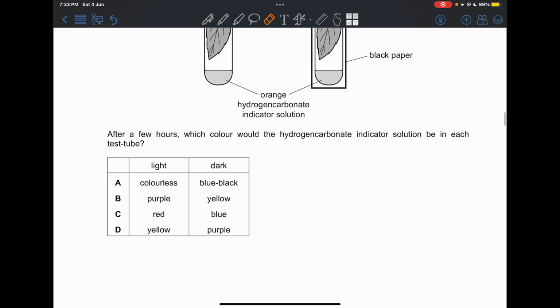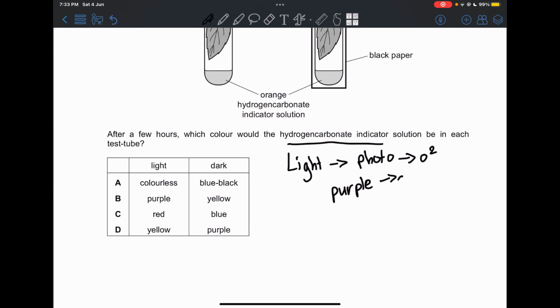So now we know that the hydrogen carbonate indicator over here, they're asking for the colors if it was in the light and the dark. Now the light, which means photosynthesis, which means there is oxygen produced, and oxygen is an alkaline gas, so that means the hydrogen carbonate indicator will be purple, because purple in the hydrogen carbonate indicator is for the alkaline.